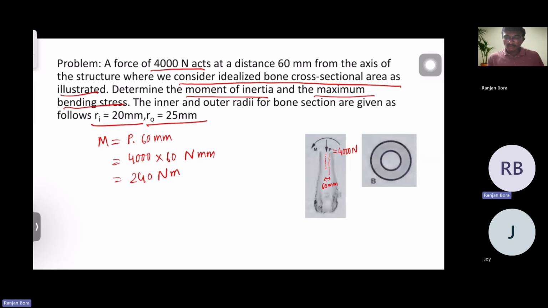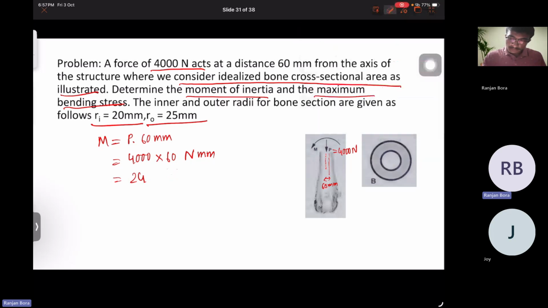We could convert mm into meters, but we'll keep it in mm only: 2.4 into 10 to the power 5 Newton mm. This is the value of the bending moment.